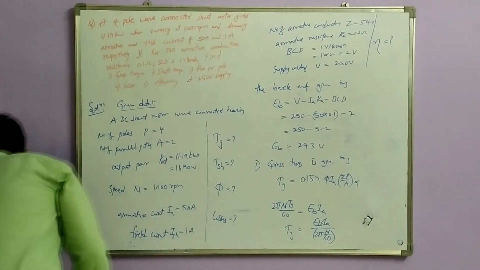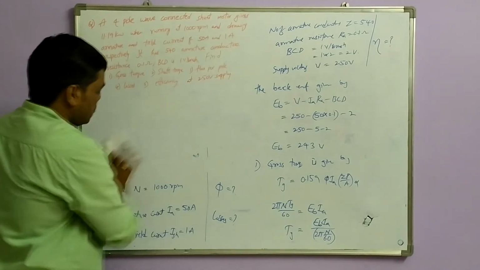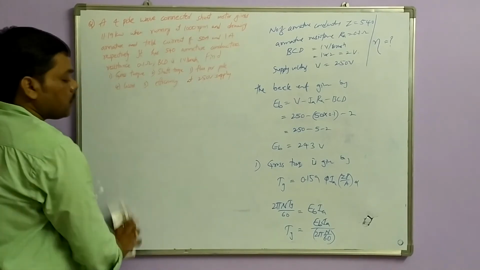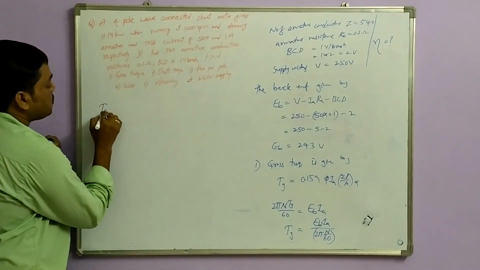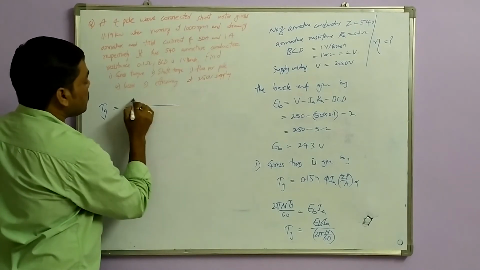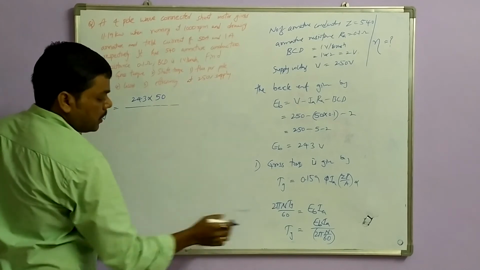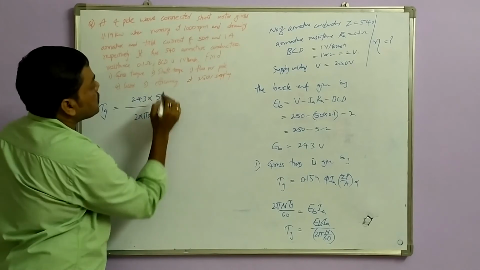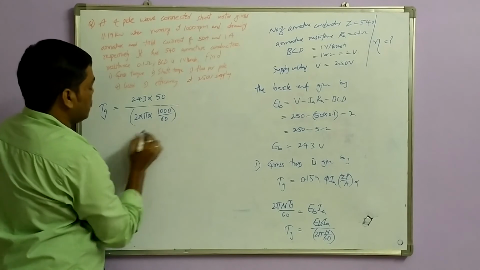Now, taking the given data, TG is equal to EB IA, that is 243 multiplied by IA equal to 50, divided by 2 pi into N, where N is 1000 by 60.